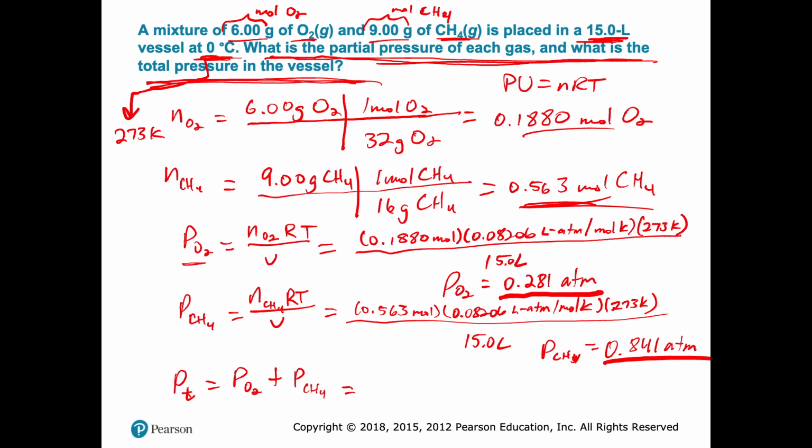So that equals 0.281 atm from oxygen plus 0.841 atm from the methane. If you add the two together, you get 1.122 atm as your total pressure.